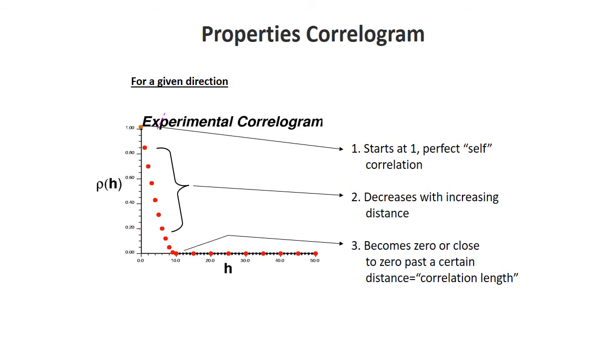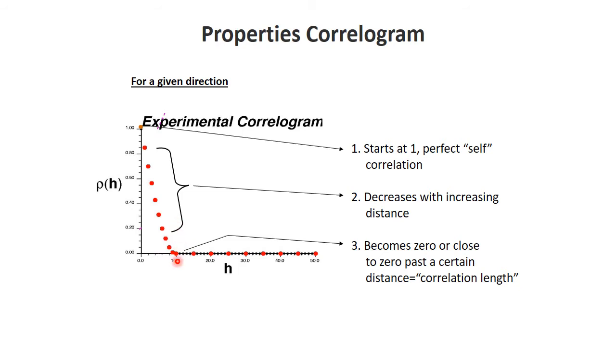Okay, so here we have an example experimental correlogram from the previous slide. A number of properties we should note: it always has to start at 1. That has to do with the fact that a value correlates perfectly with itself. Then it will start decreasing as we increase distance, which indicates that if things are further apart, they become less and less correlated.